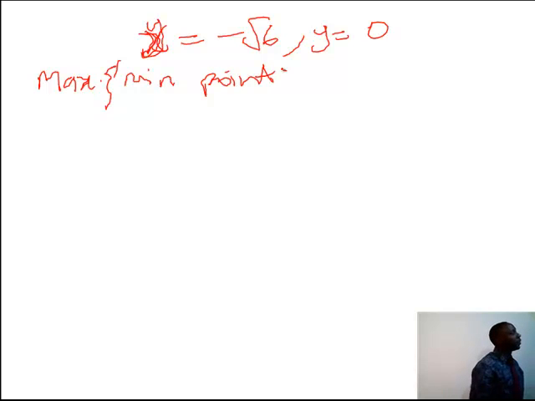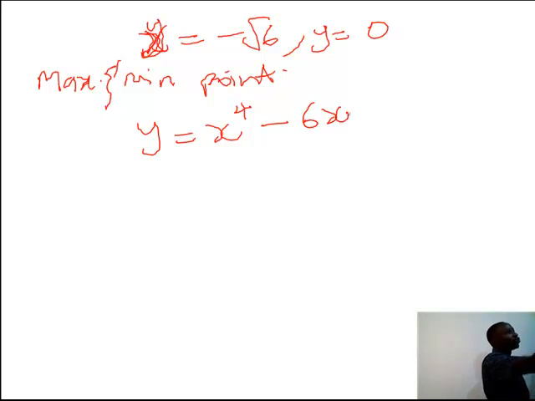To calculate the maximum and minimum points, recall that I told you that the maximum and minimum points come from the first derivative of the expression, and the expression is y equals x raised to the power 4 minus 6x squared.